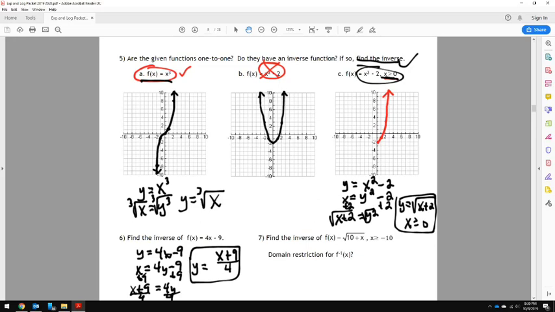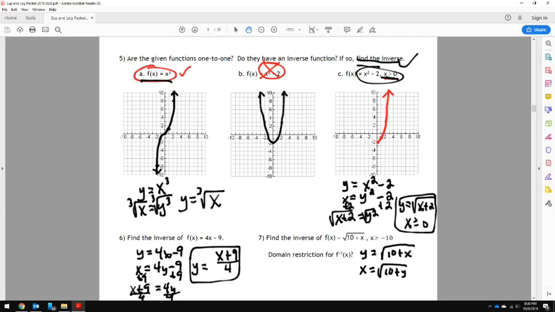And the last one says find the inverse of f of x equals the square root of 10 plus x. So we'll go ahead and again go through the steps. Take out f of x, put in y, square root of 10 plus x, exchange them, and solve.